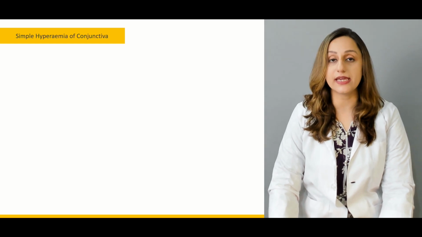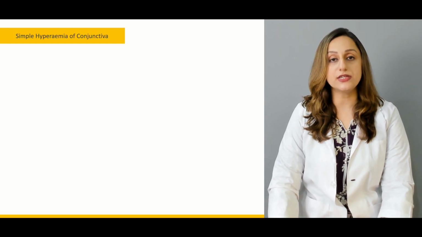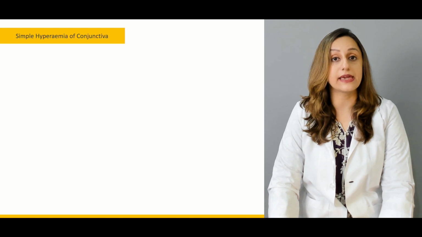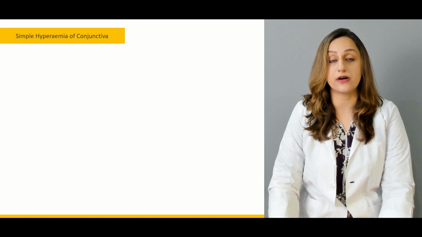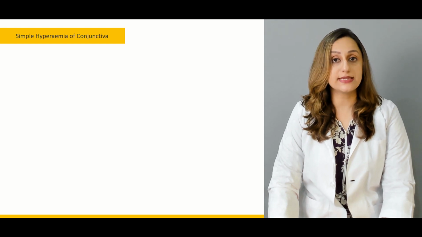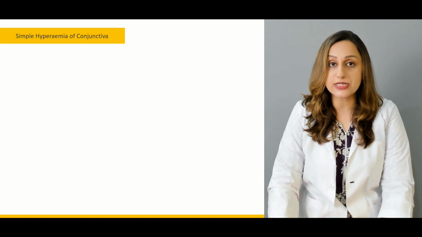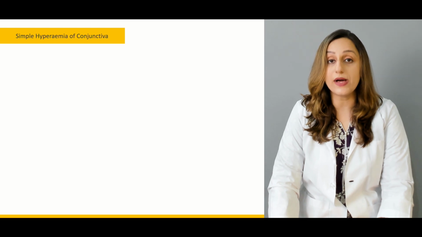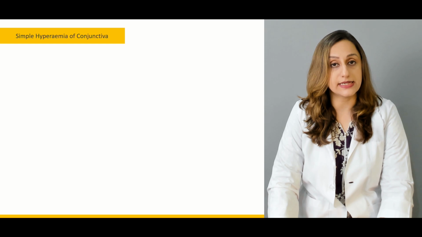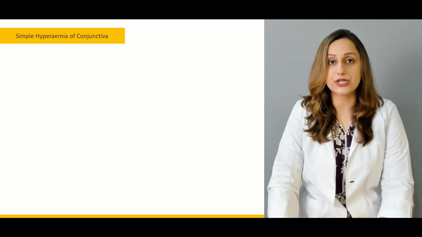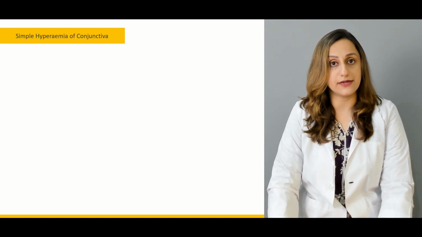As the word indicates, it is the reddish discoloration that the conjunctiva gets whenever it is inflamed, in infectious conditions, or due to irritants in the environment.